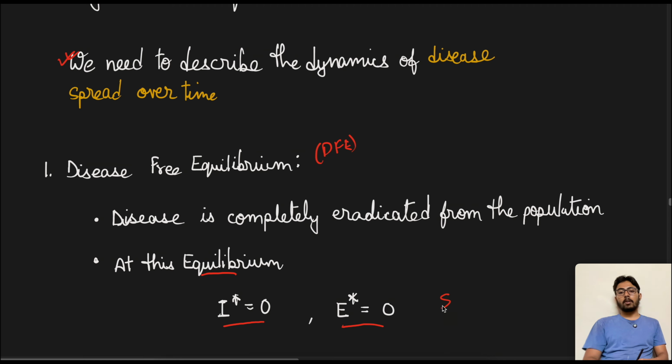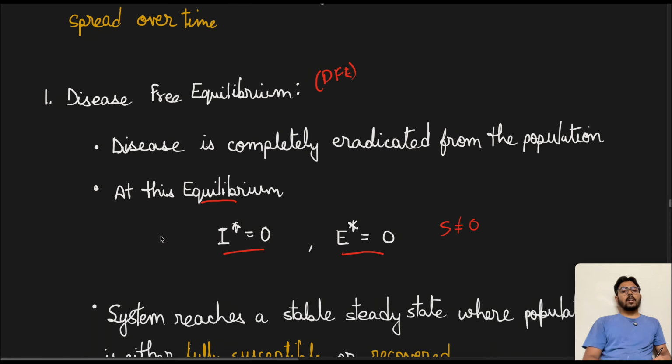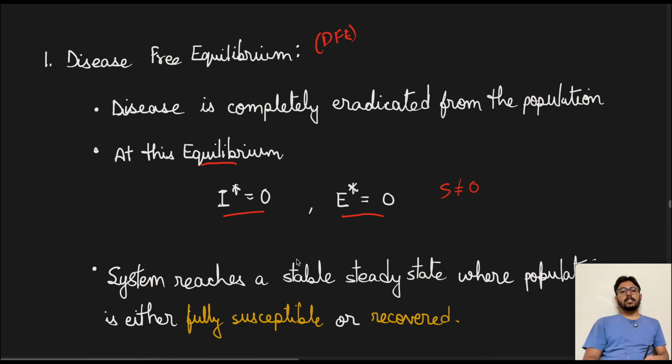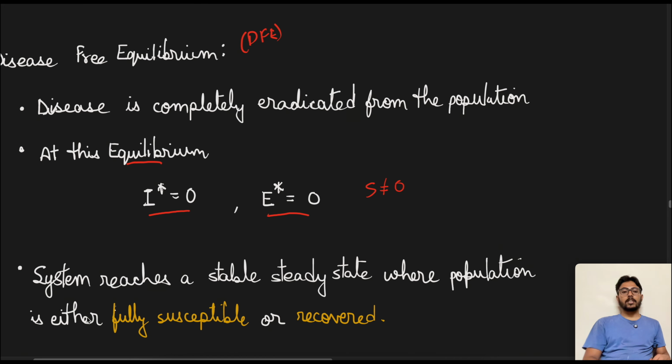Note that the number of susceptible individuals may not be 0, right? The system reaches a stable steady state where the population is either fully susceptible or recovered. Neither susceptible is completely zero nor recovered is completely zero, but one of them can be zero, right? So the entire population is susceptible or the entire population is recovered.